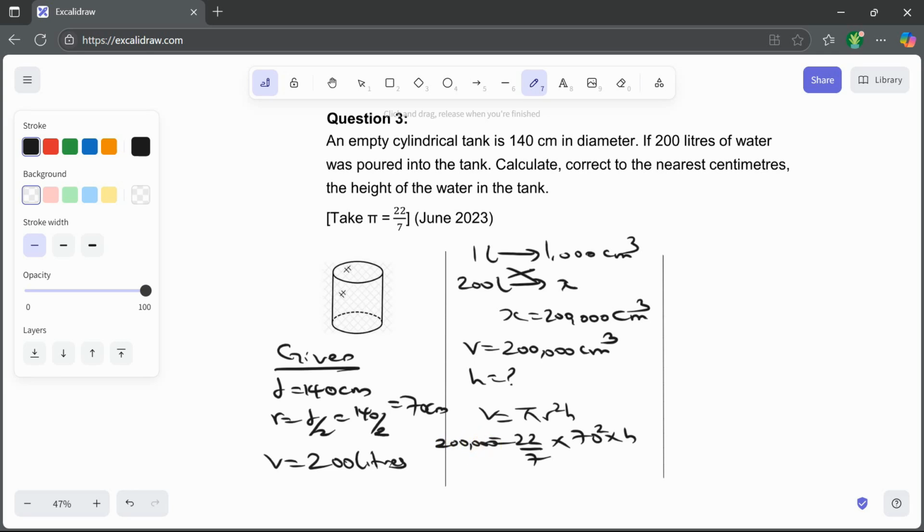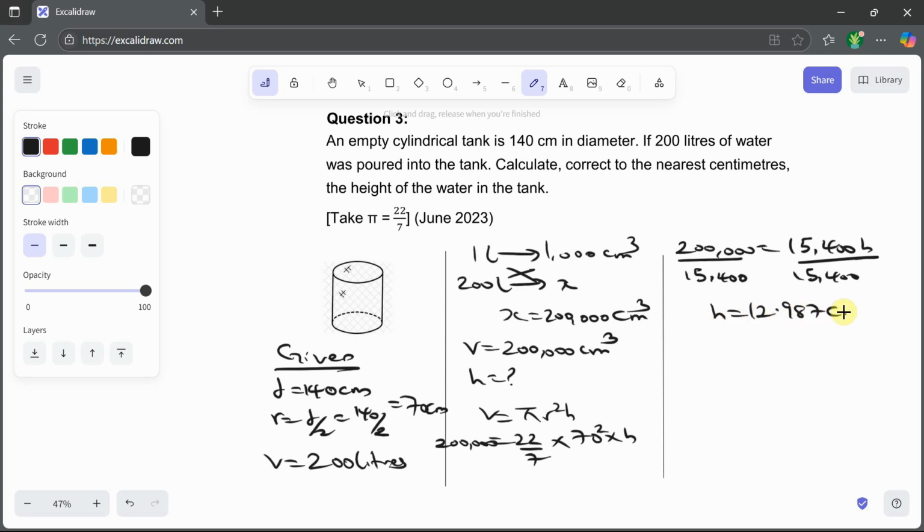So let's simplify. 200,000 is equal to 22 times 70 squared divided by 7, so this is 15,400 h. So if I divide both sides by 15,400, let's see what that will give us.